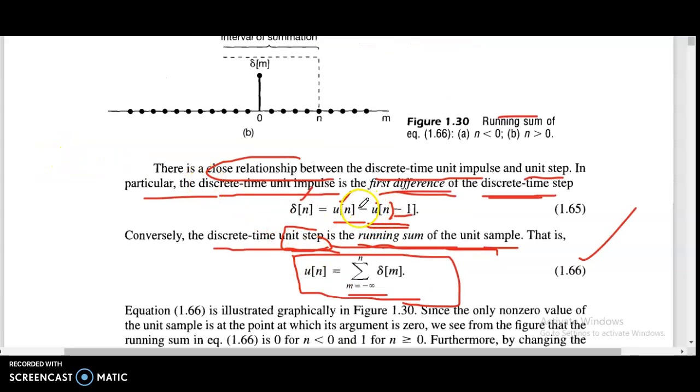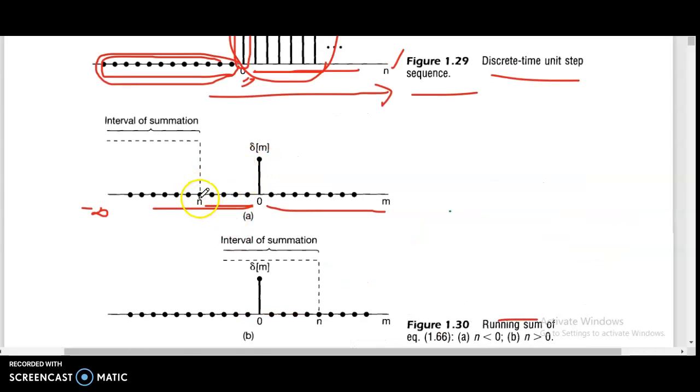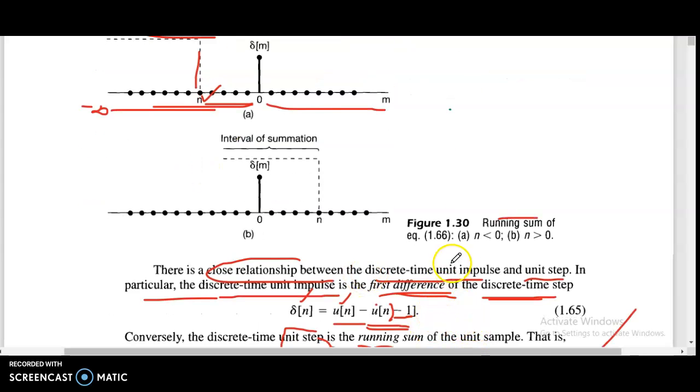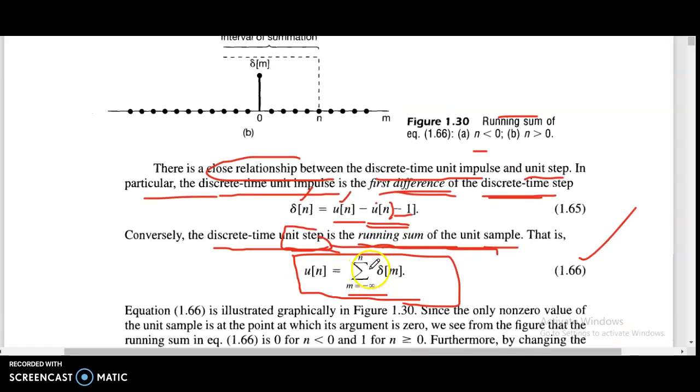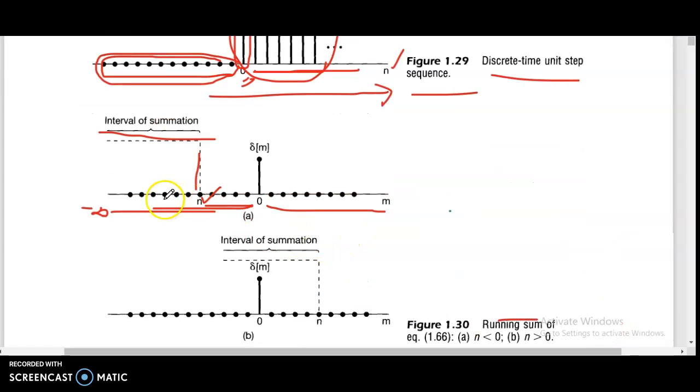This area is the interval of summation. So this is the condition, and the sum goes from minus infinity to n.